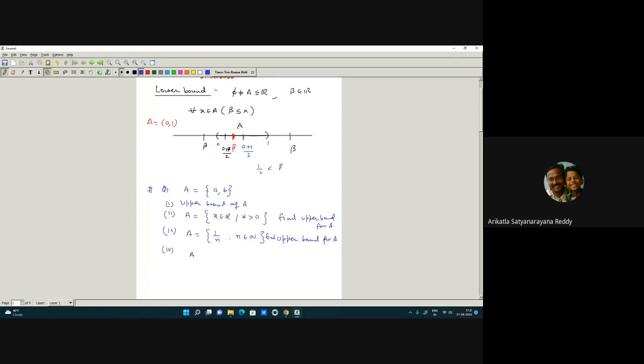You give, then I will ask the next question. For all of these sets, you need to find the upper bound only. So we will not write upper bound and all, right? We are just giving the sets.